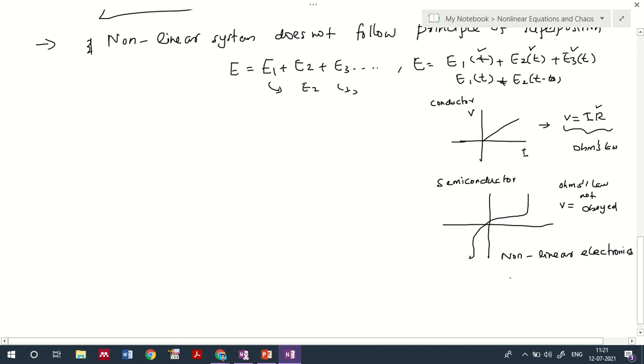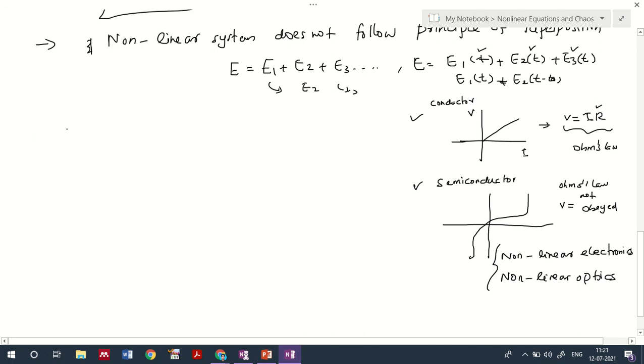Nonlinear electronics and nonlinear optics find a lot of applications in different manners. This is an introductory part for those nonlinear systems and equations. I have given an example of a conductor and a semiconductor where you can correlate what linear and nonlinear systems look like.